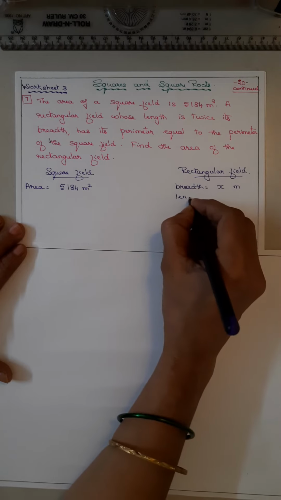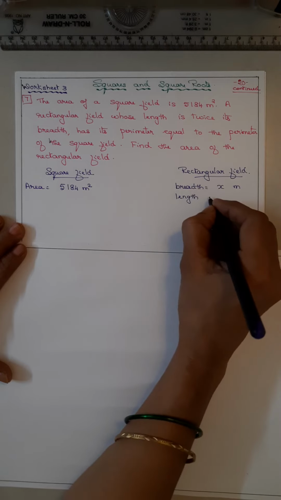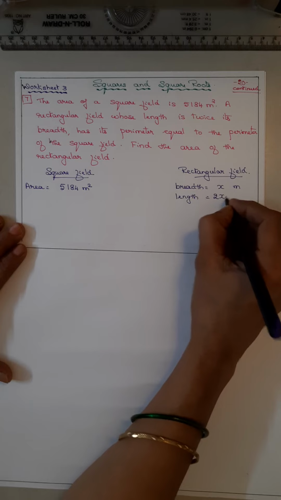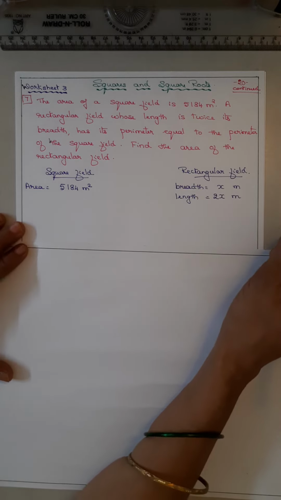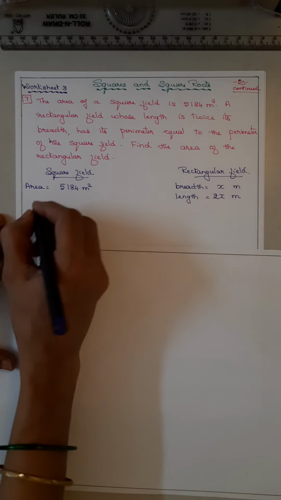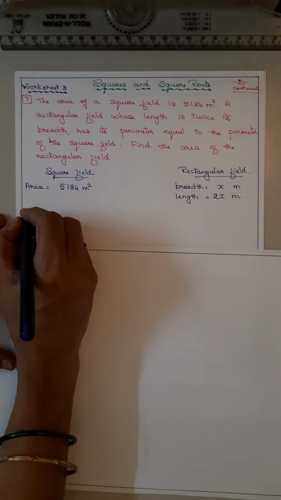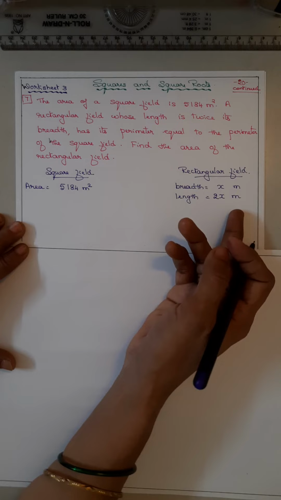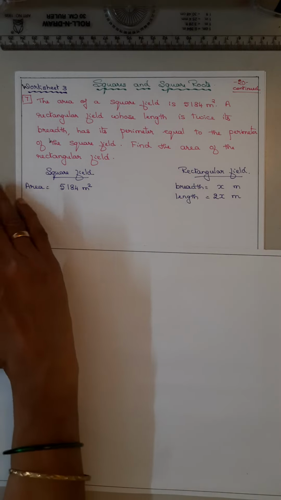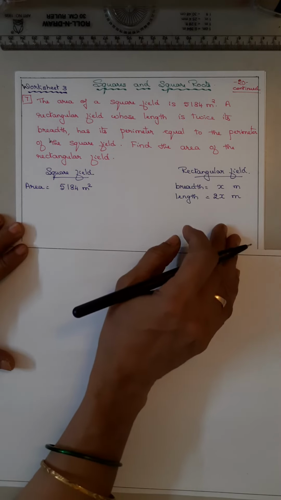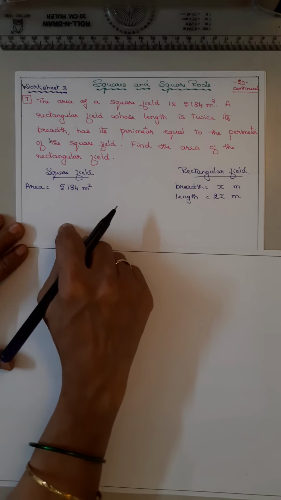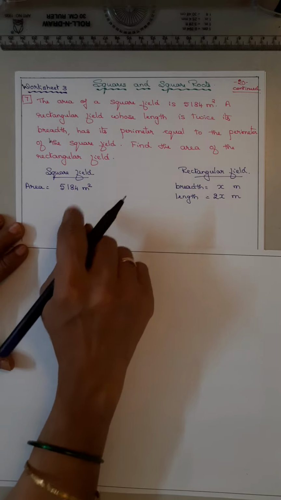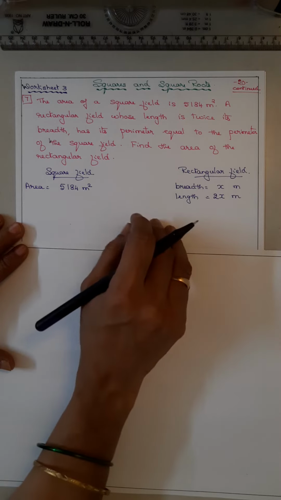Then length will be 2x meter, twice. Now next step, they have told the perimeter of the square field is equal to the perimeter of the rectangular field. But area is given, and to find out the perimeter, what do you need?